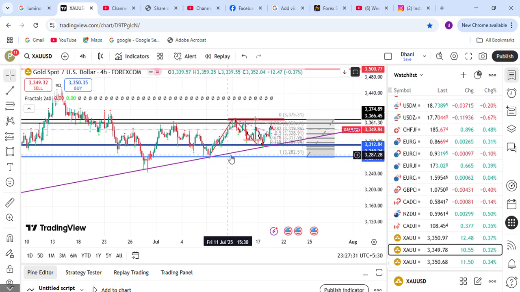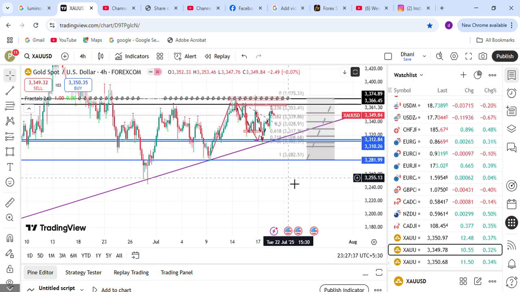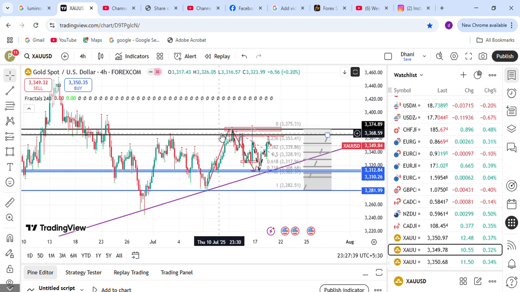What I said is, last week we had this resistance, a very fantastic resistance: 3367, 3374, 3360, and even if I cover it as this, still it was a good week. So the week started all the way from here.